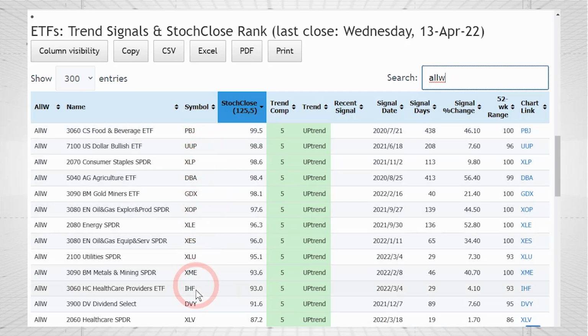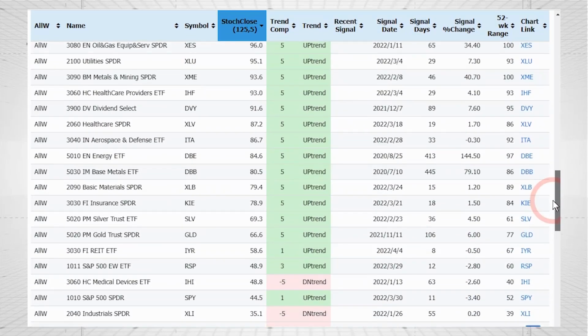And all these ETFs are stronger than SPY. Healthcare down at the bottom, dividends, healthcare providers, XME, steel-related, very strong. And if I scroll down, you're going to see we're going to get to SPY, but it is in an uptrend, but is in the bottom half of this group. So all these ETFs that are in uptrends and have a higher Stoke Close value are stronger.